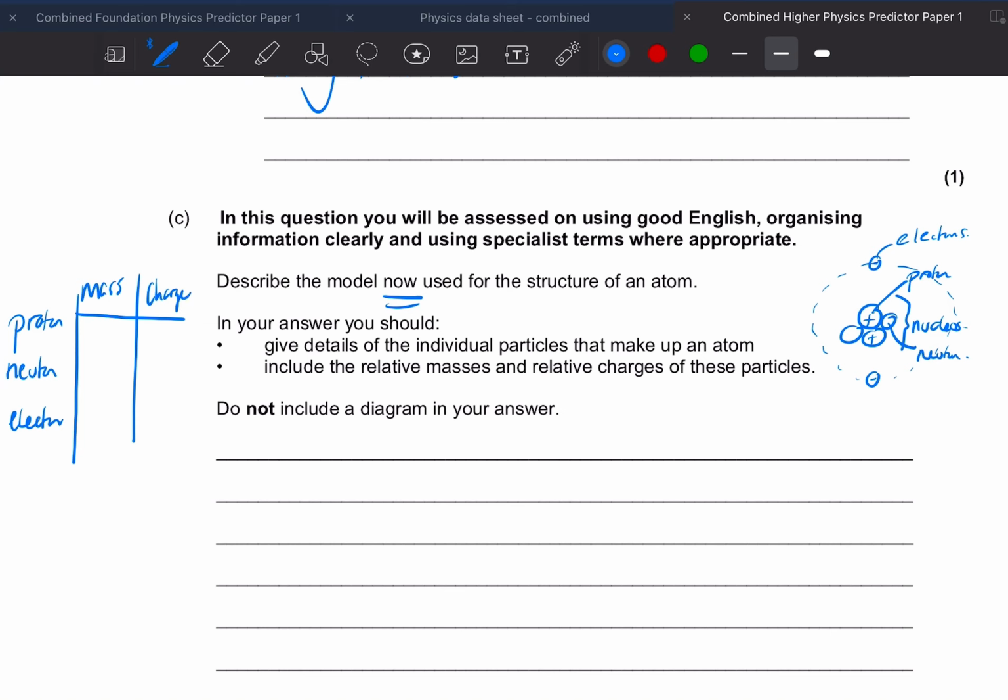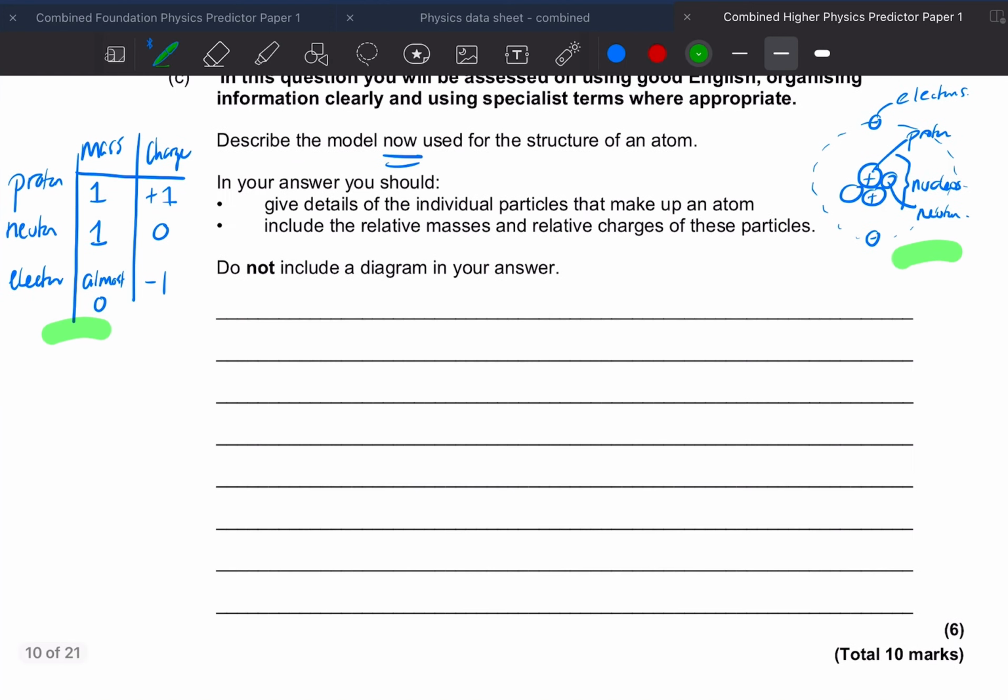A proton has a relative mass of 1, a neutron has a relative mass of 1, and an electron is almost 0. And the charge of a proton is +1, the charge of a neutron is 0, it's neutral, and the charge of an electron is -1. So as long as we get these 2 sections here into our answer, we'll be okay.